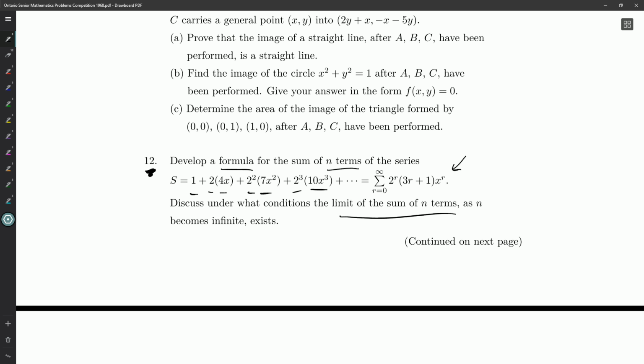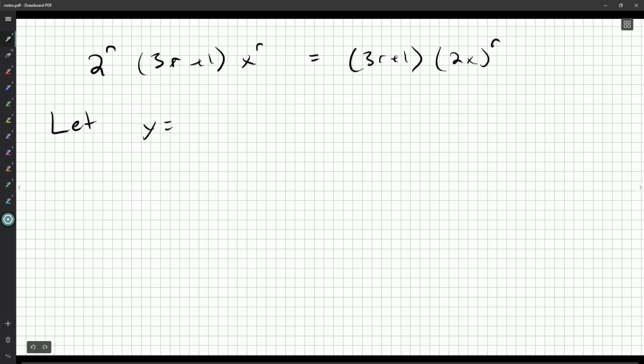Okay, so first thing I notice, I've got this 2^r here. I can bring them together and call it (2x)^r. And I'm going to say let y equal 2x.